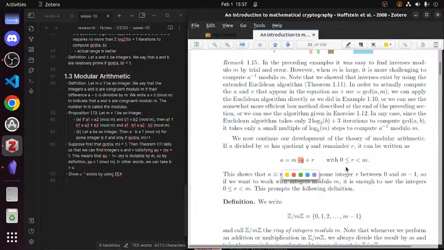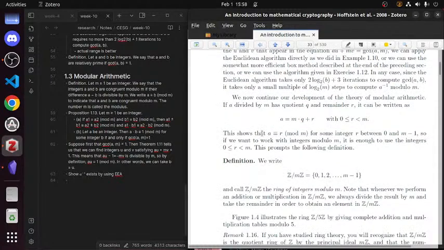And r is some value that's going to be between 0, it could be 0, right? And less than m. Because if it was m, q would just go up by 1.